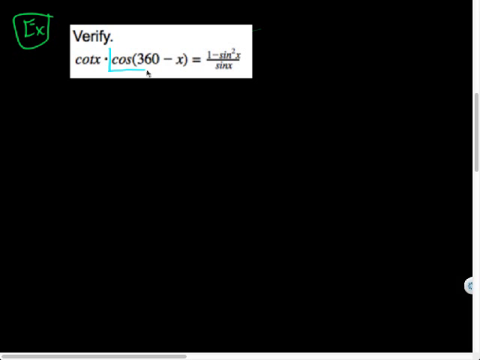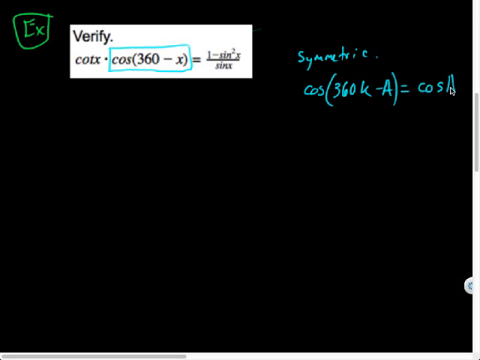This whole cosine of 360 minus x, that's going to be one of our symmetry identities. What symmetric identity do you think that lines up with? Cosine of 360 minus A is equal to what? Cosine of A.